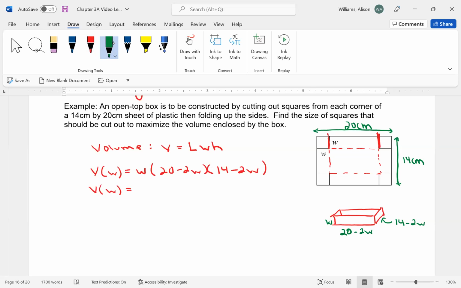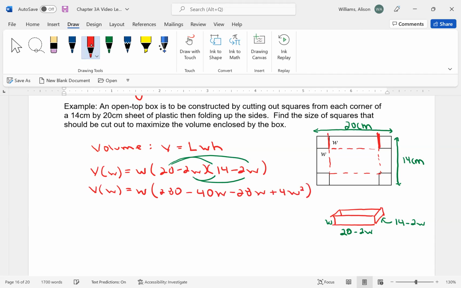I'll start by foiling, multiplying those first, and deal with the W after. 20 times 14 is 280. 40W minus 28W plus 4W squared, which when simplified is 68W plus 4W squared. Then I'll distribute the W that's outside into all three.